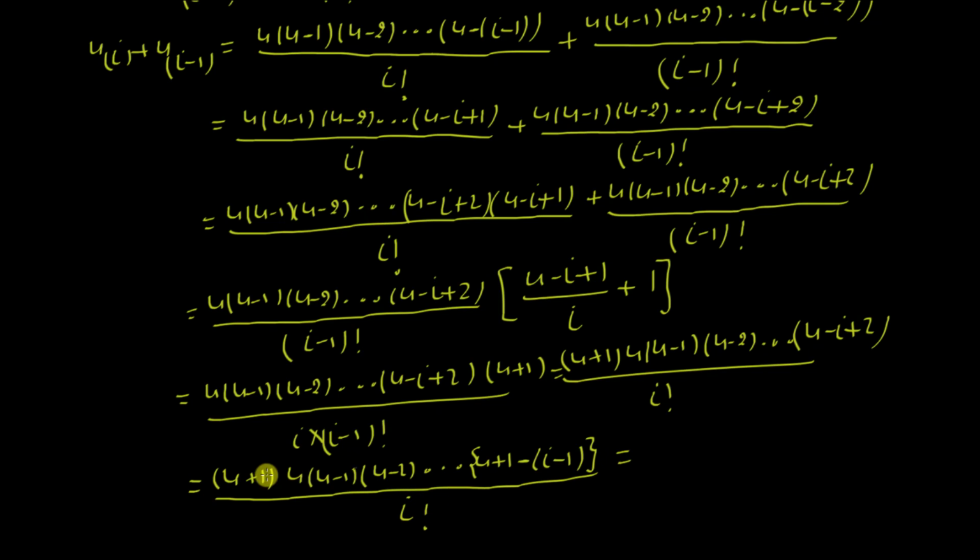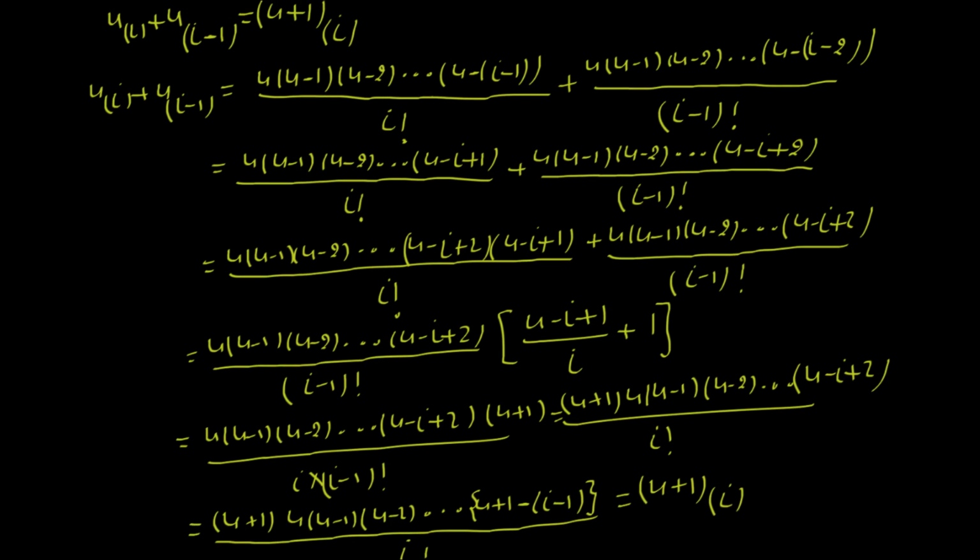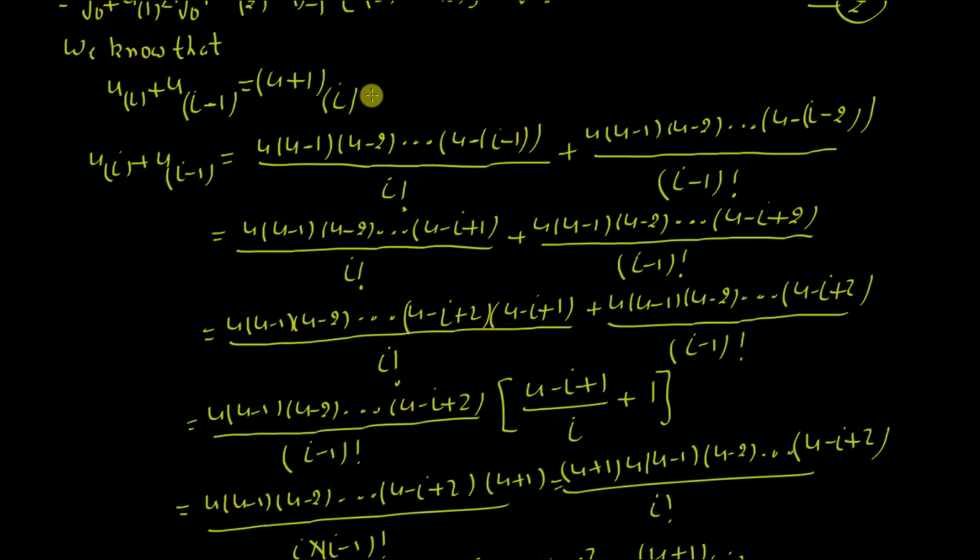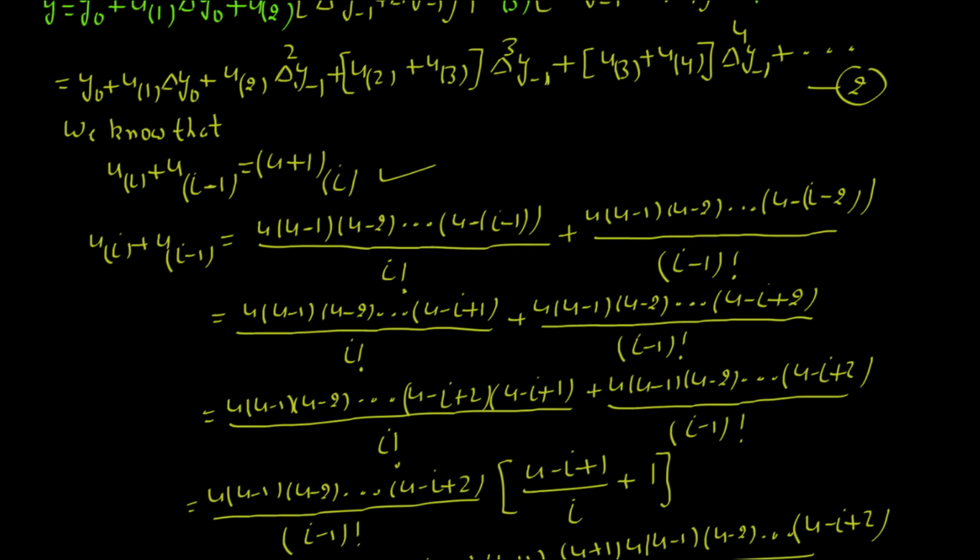So this can be written as u plus 1 up to minus I minus 1. So this can be written as u plus 1 subscript I. So we have established the relation, this one, that u_I plus u_(I minus 1) is equal to u plus 1 subscript I. So we have established the relation.